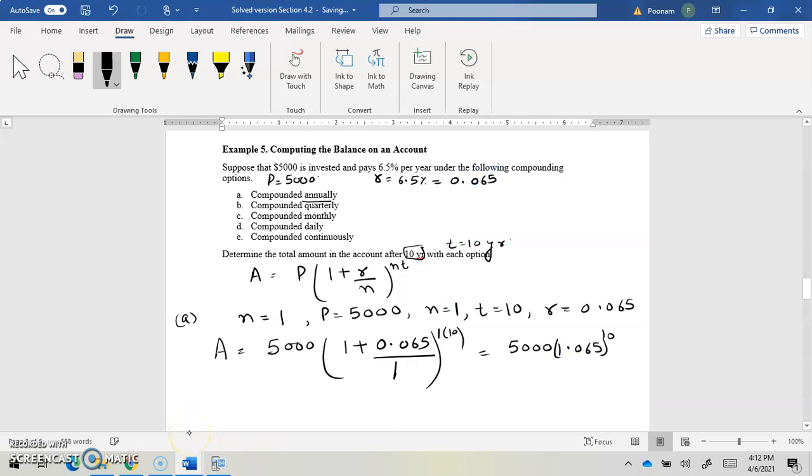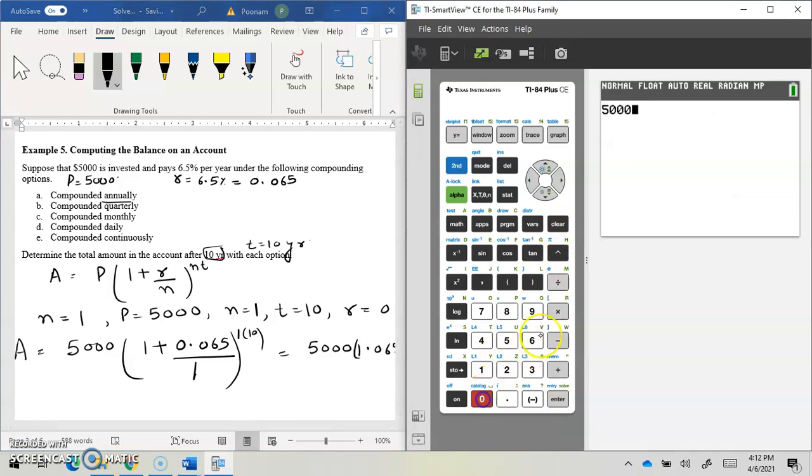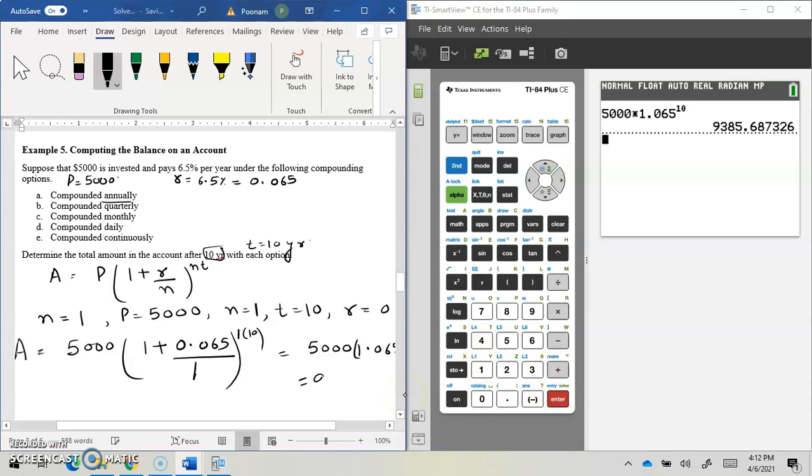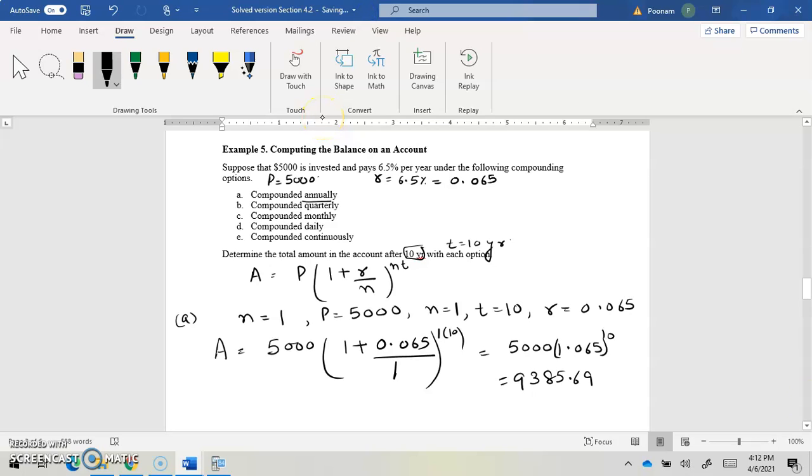I can use a calculator to calculate that. 5,000 times 1.065 raised to the power 10. That one is 9,385.69.